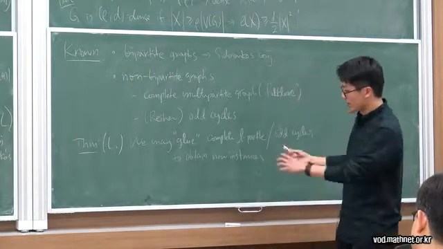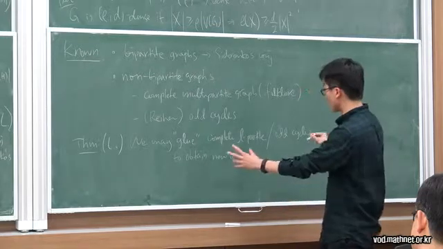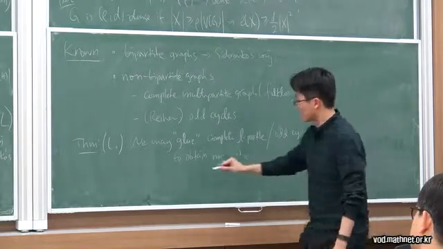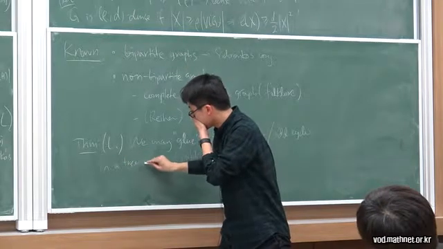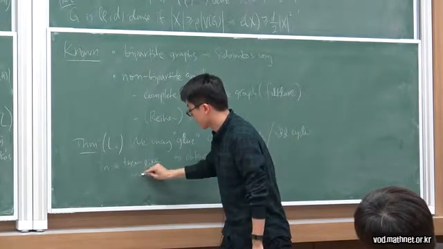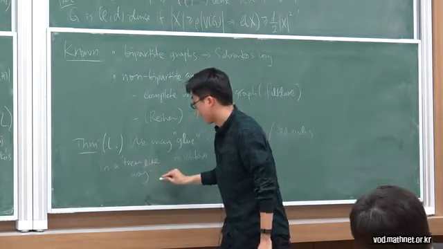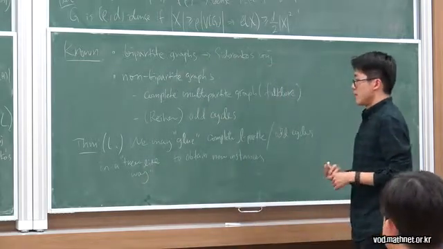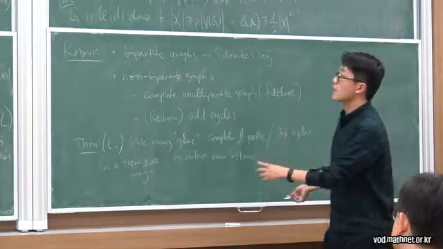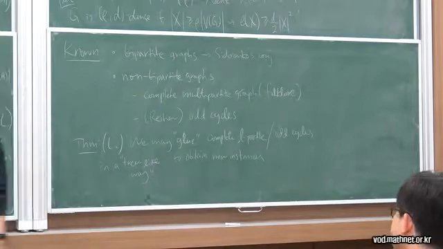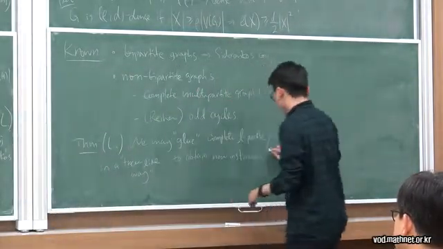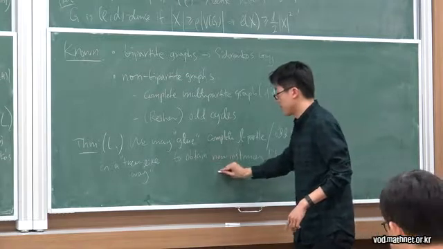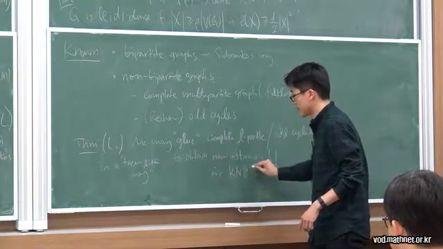I forgot to say that we glue in a tree-like way. I'm going to explain more about this statement. So when you say instances, you mean the H that's satisfied, yeah. Yeah, H for KNR's conjecture.